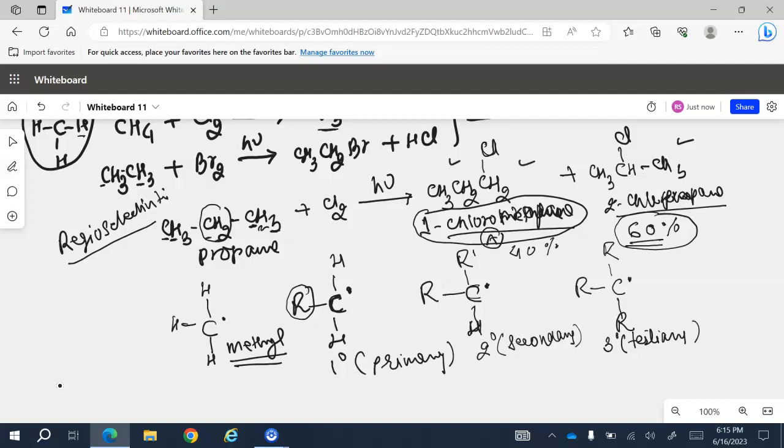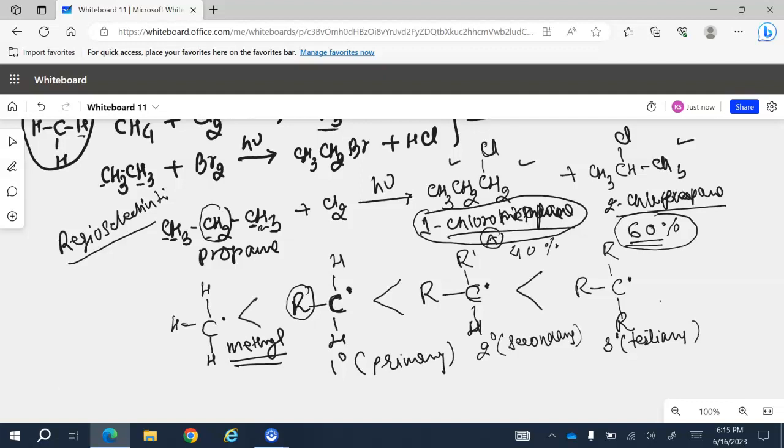And stability wise, this methyl radical is less stable compared to primary, primary is less stable compared to secondary, secondary is less stable compared to tertiary.